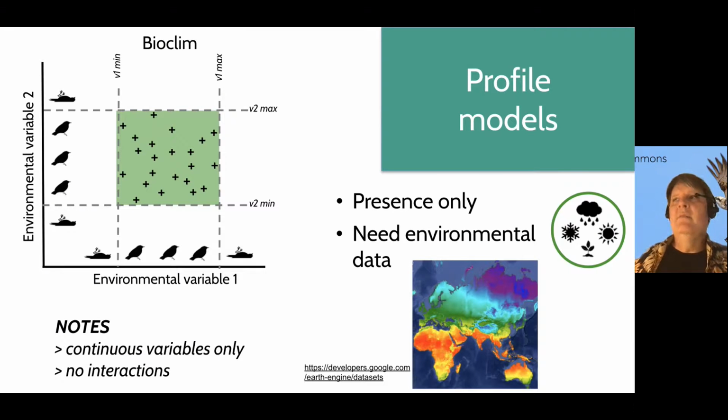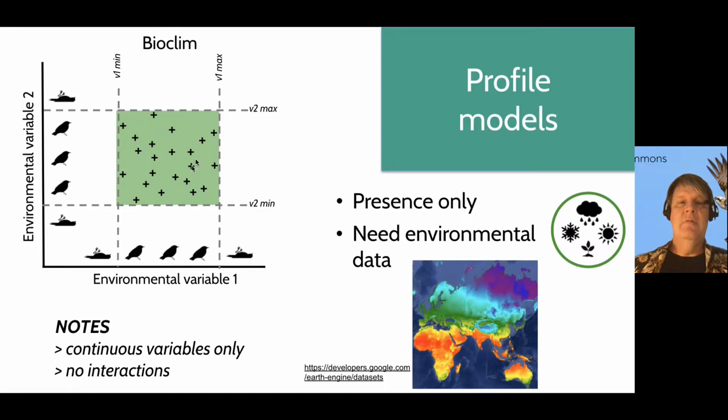And another relatively simple model is looking at how your species is likely to be distributed given the environmental conditions that it's found within. So this is called identifying a species' environmental space. So if environmental variable 1 on the x-axis is temperature, we know it can't occur in places that are too cold or too hot.